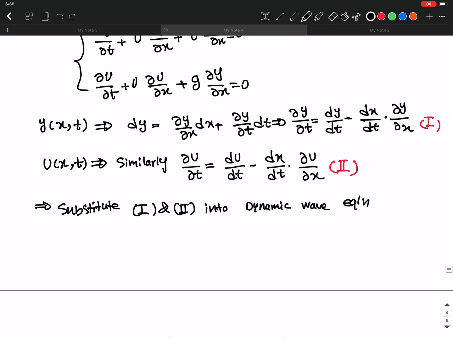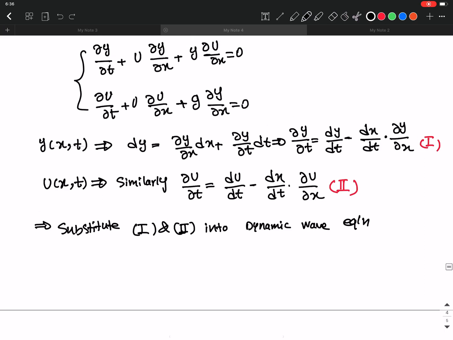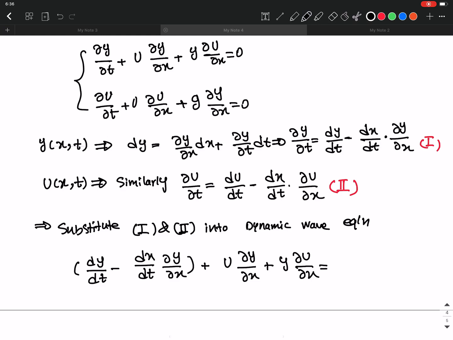So the first one is dy/dt minus dx/dt partial y partial x plus u partial y partial x plus y partial u partial x equals 0.